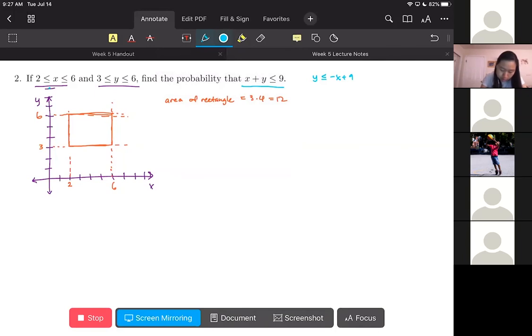And then the slope is negative 1. So basically, it's going to be a line that goes through these points. I'm going to try my best to draw this straight.